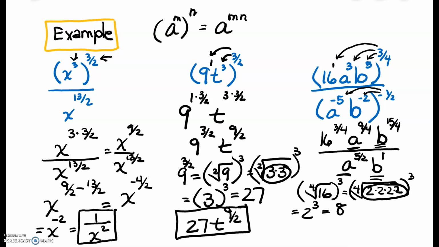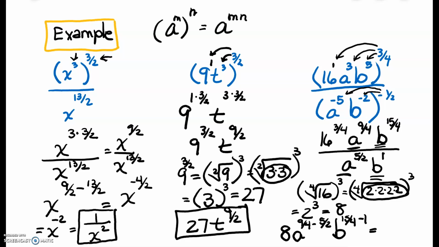But I now also have to use my quotient rule. So I'm going to use my quotient rule and figure out what this all equals. So I know I'm going to replace 16 to the 3/4 with 8. And for a, I'm going to take 9/4 minus 5/2. And b is going to be 15/4 minus 1.